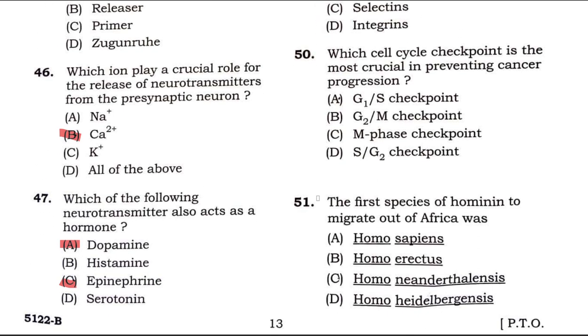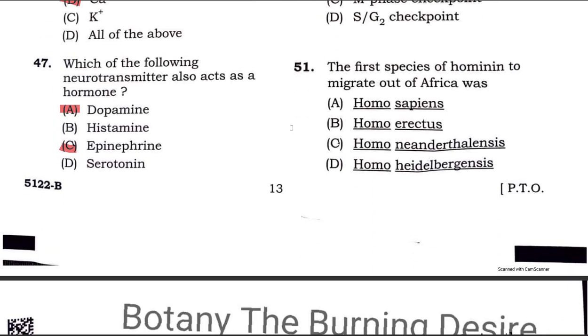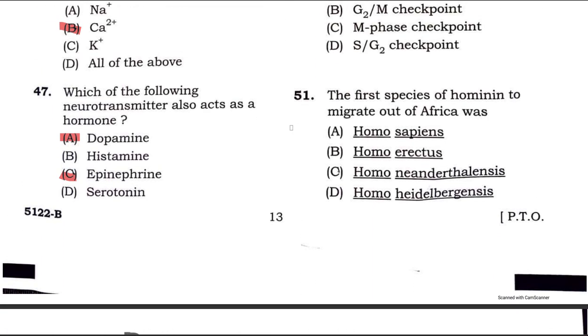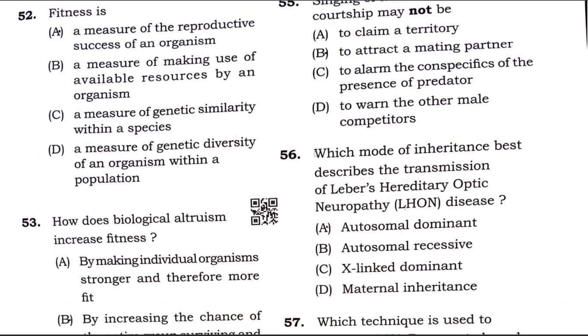Then which cell cycle checkpoint is the most crucial in preventing cancer progression? So of course the first checkpoint, which is the G1 to S phase checkpoint. The first species of hominin to migrate out of Africa was of course Homo erectus. Then fitness is basically about reproductive success. So A, reproductive success of an organism.